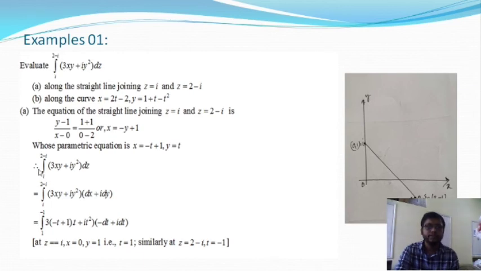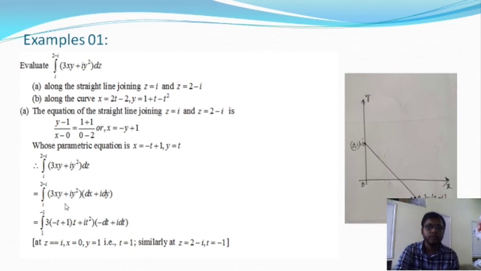Therefore the integration from i to 2 minus i of (3xy plus i y square) dz becomes, when we put dz equal to dx plus i dy, the integration from i to 2 minus i of (3xy plus i y square) into (dx plus i dy). Here z equal to x plus i y, so after differentiation we get dx plus i dy.